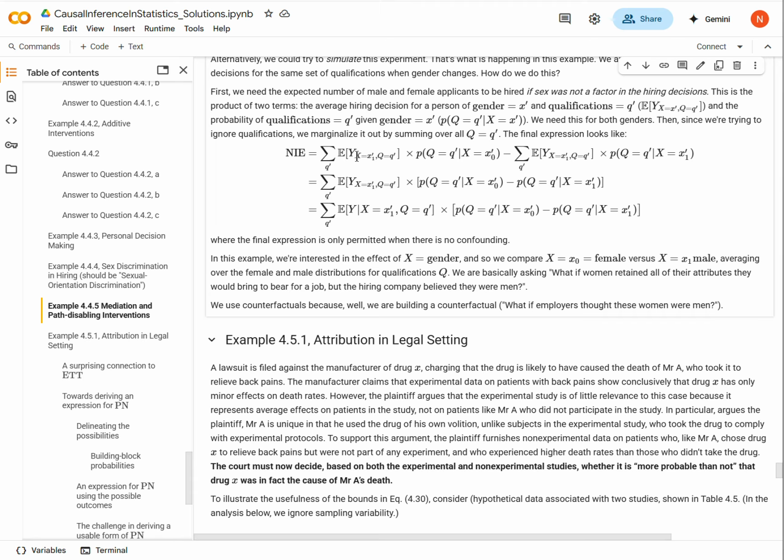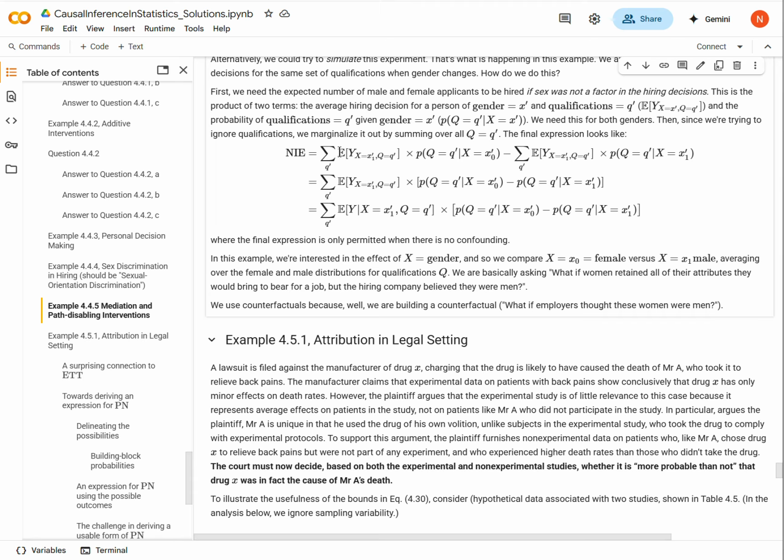Y, given that the sex equals one of the sexes. Here I think we're using male, and a set of qualifications Q. Okay. But then we also need, so that is the hiring decision if these counterfactual conditions hold. But then we need to know how often those conditions hold, okay, for each sex.